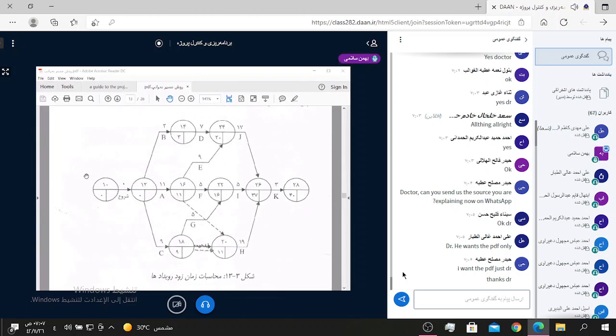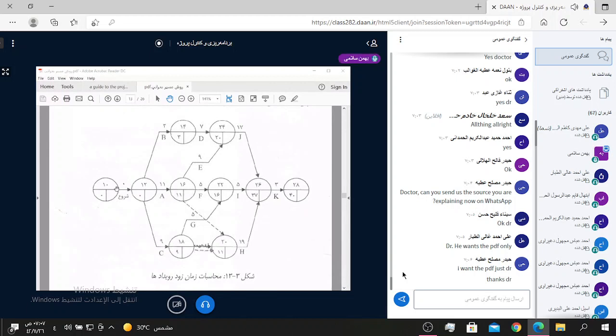In step 1, we should find the ES, early start, for all nodes. If you can see, we separated the node in 3 parts.